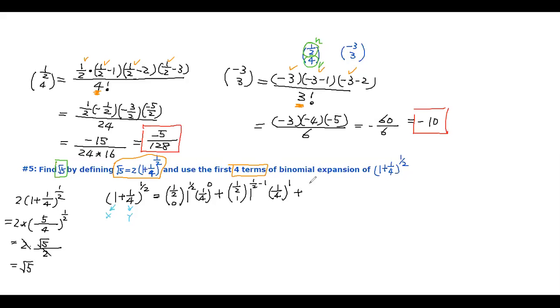And then we have 1/2 choose 2, now here the x exponent will be n minus r, so it's 1/2 minus 2, then y is 1/4 to the second, then plus 1/2 choose 3, then this is 1 to the 1/2 minus 3, then this is 1/4 to the third power, right?